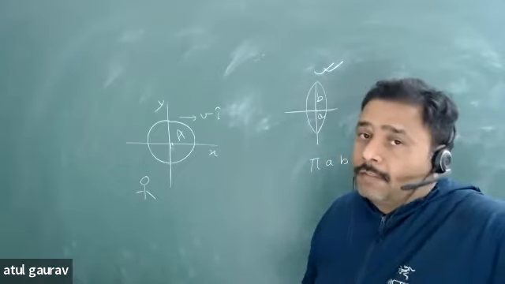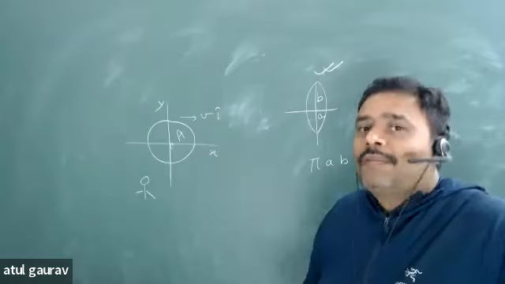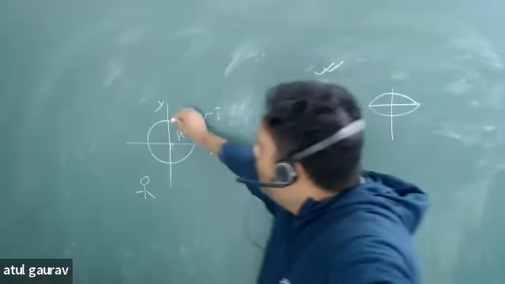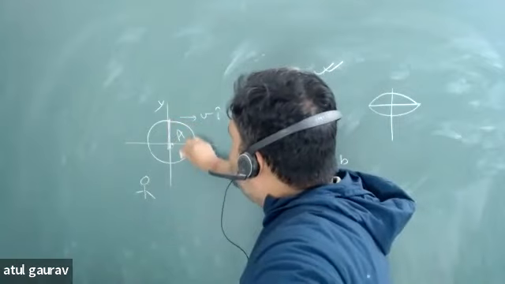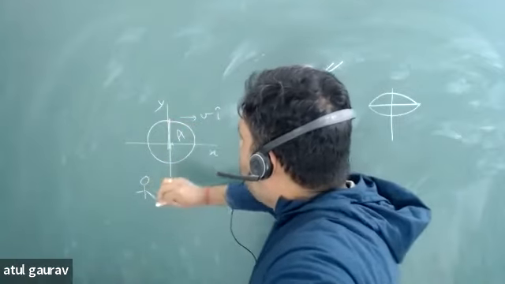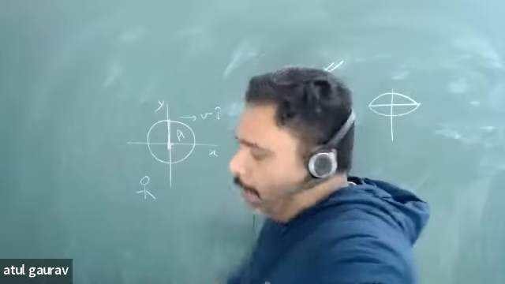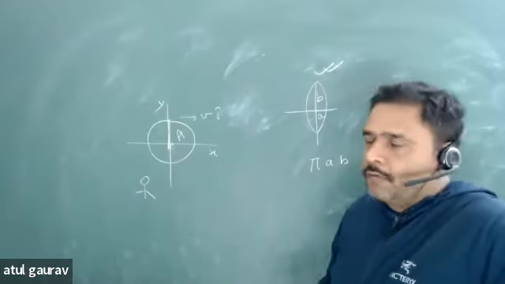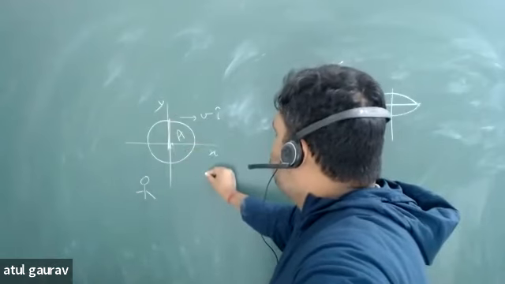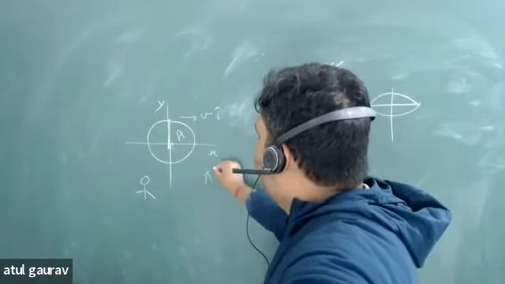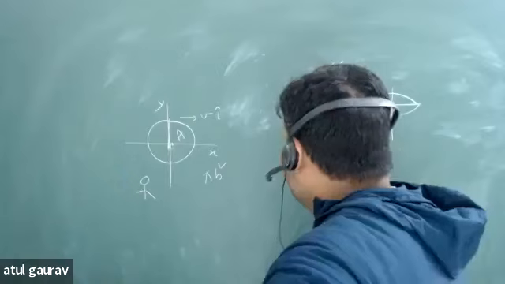Small a or small b? No, small b should be the radius. Why? Because this length is not going to contract. All other lengths are proportionally going to contract, but this length is not going to contract. So if this length is not going to contract, the area of this one is pi b square.